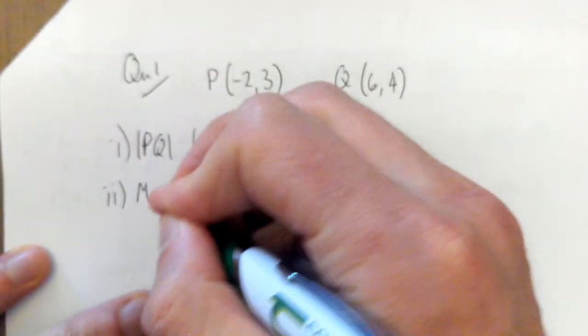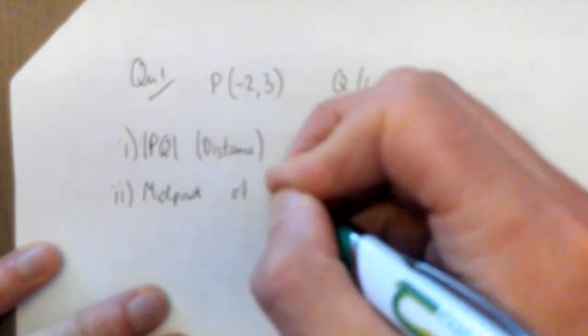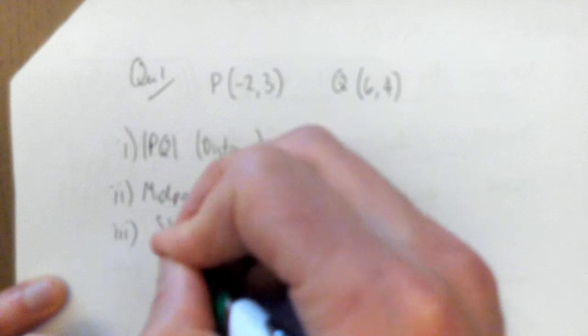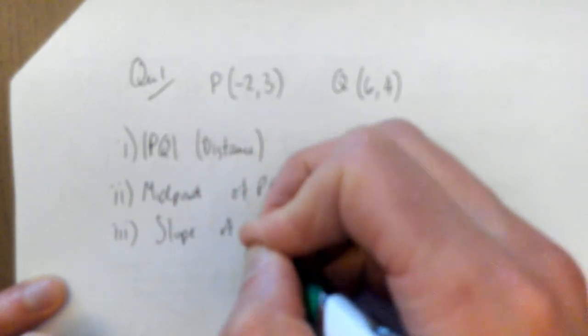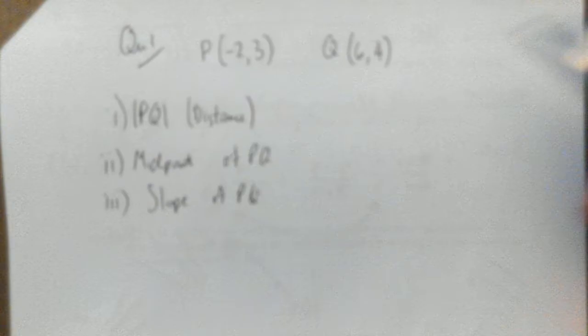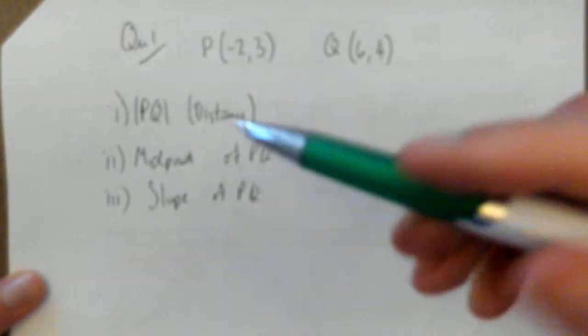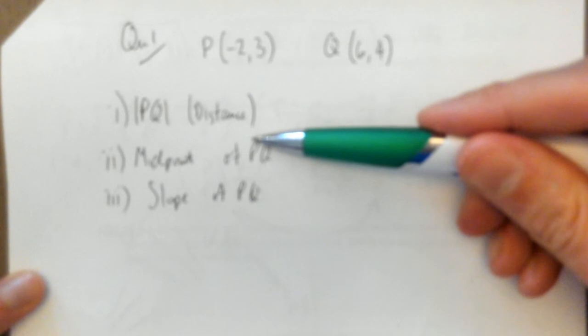I want you to find the midpoint, and I want you to find the slope. So PQ, distance, midpoint, slope. Focus camera.